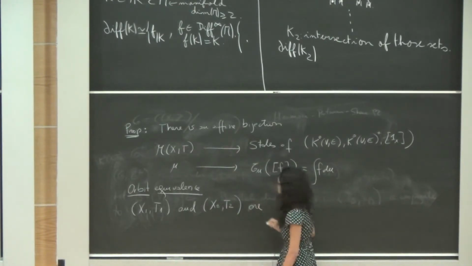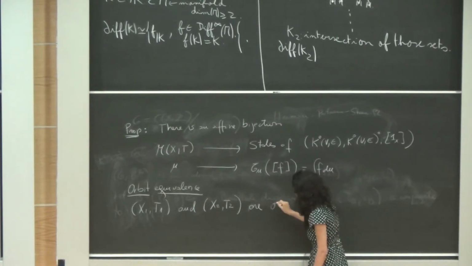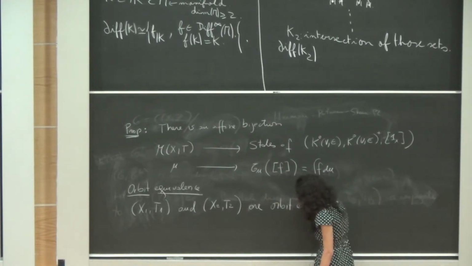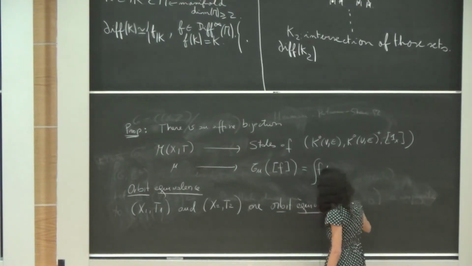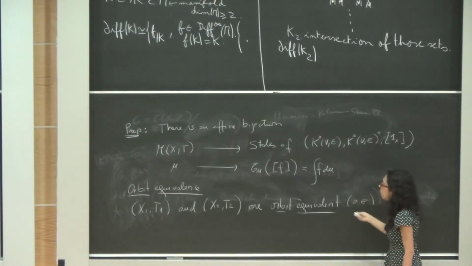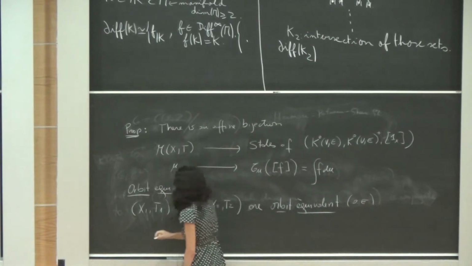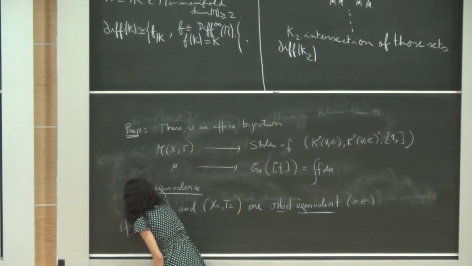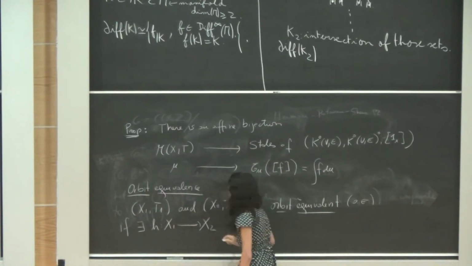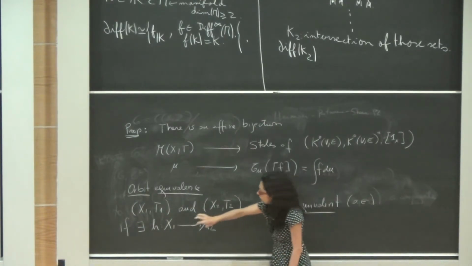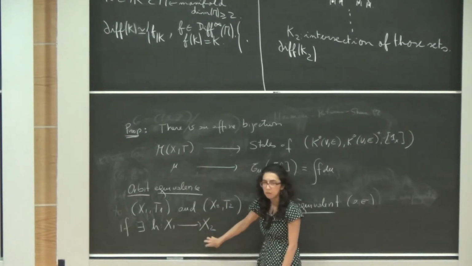We say that these systems are orbit equivalent if there is a homeomorphism from one space to the other space that sends the orbit of one system to the orbit of the other one.